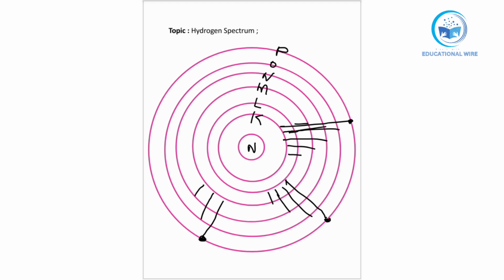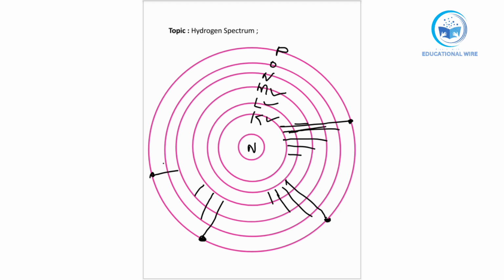Now after that we have the Brackett series. In the Brackett series we are done with K, L, M. Now we have the N position. For the N position it starts from here and goes up to here.